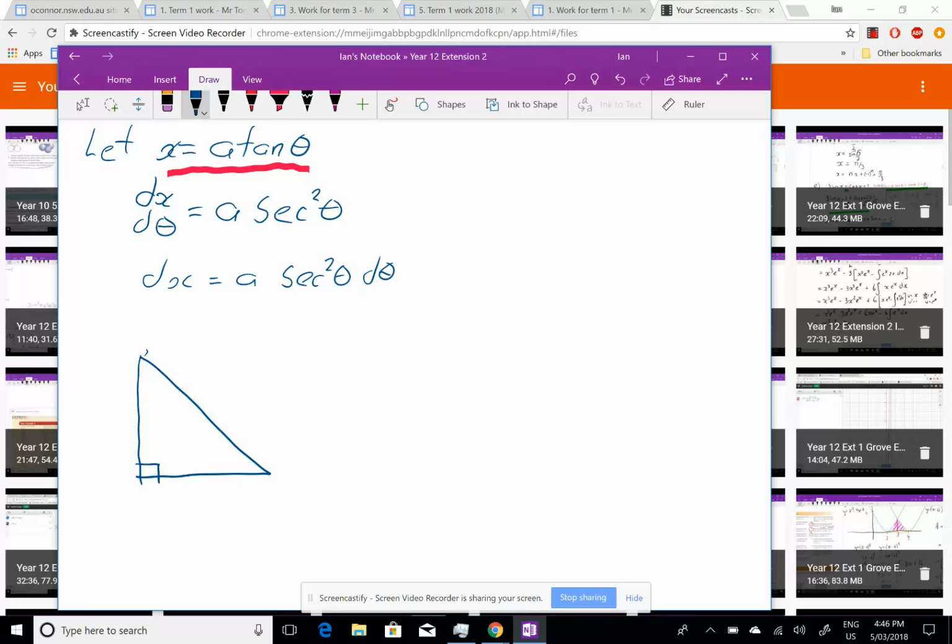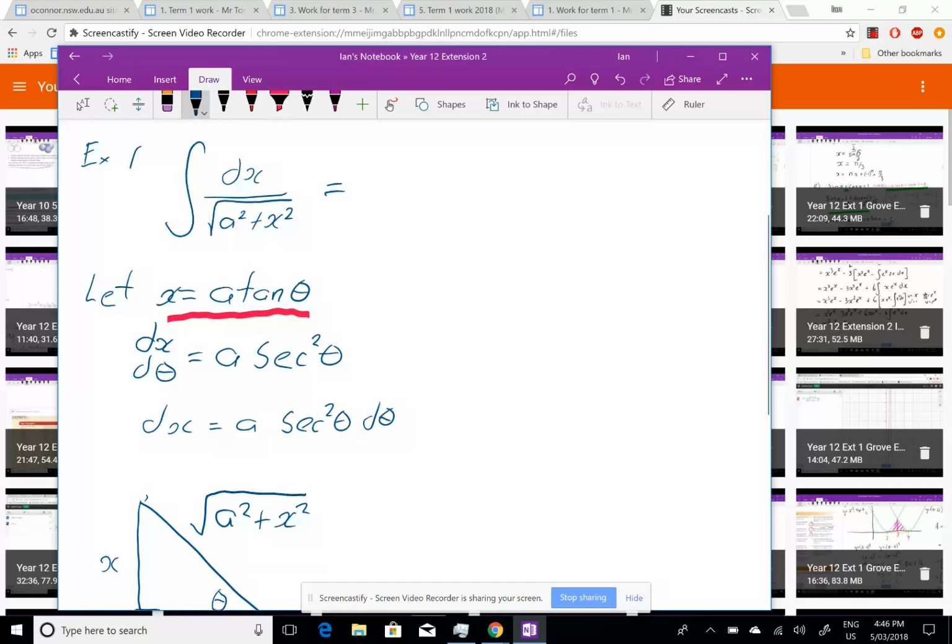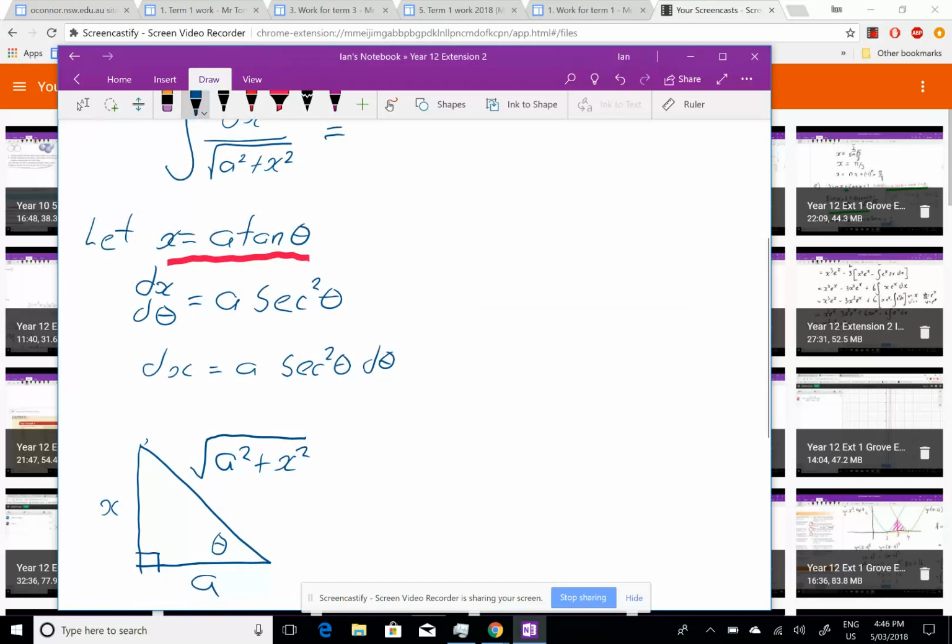And if we've got x equals a tan theta, that means tan theta equals x on a. So I can put them in and look what I get, a squared plus x squared all square rooted, which is what we're trying to integrate.